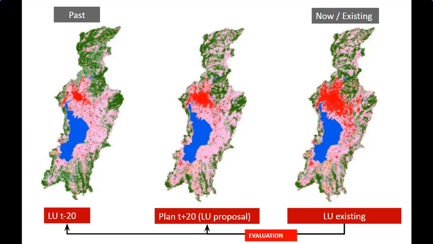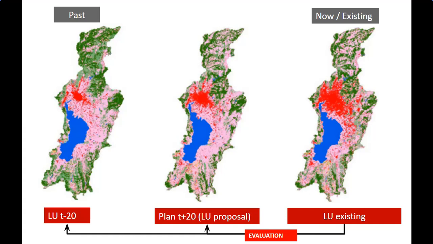And now, in the existing time, in 2040, the existing land use, especially the red areas, is larger than the proposal. The planned land use is different from the actual land use after we go through 20 years of development.